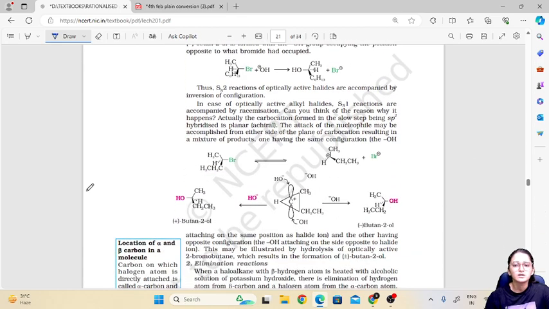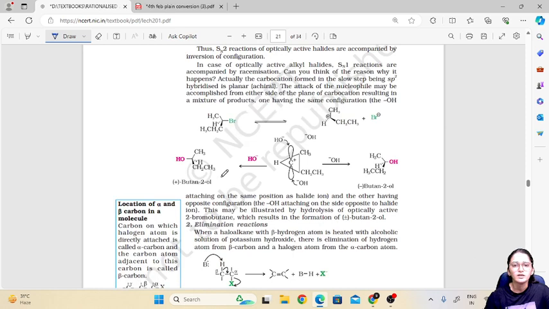So this is the mechanism of SN1 they have given, in which we have this compound, and if I treat it with a nucleophile, we will see both the attacks. When I attack with the nucleophile, it can come through the upper side and attack the carbon, and it will get attached on this side.